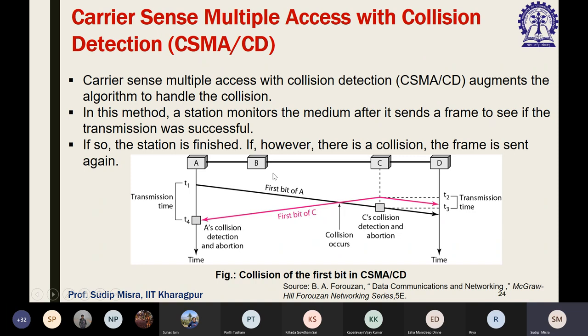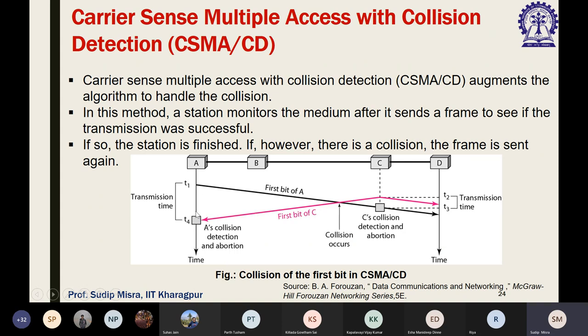That means every station is going to get a copy of the signal, the frame. So if the collision happens midway somewhere like this, that collision signal is also going to be heard by all the other stations.